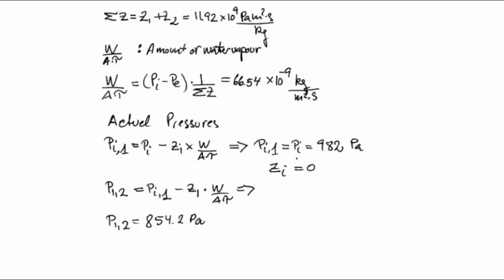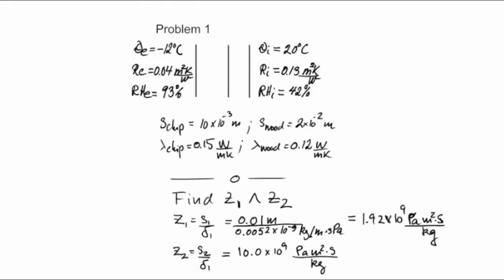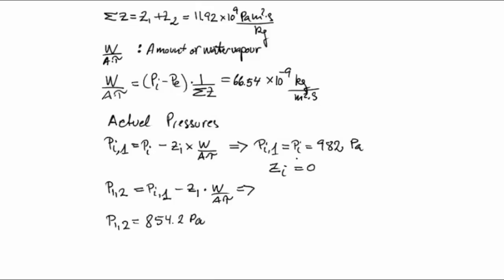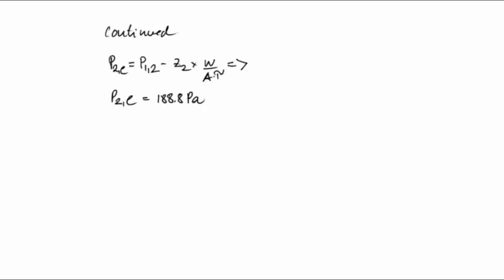And then I have to go to my first page and find Z1, which was 1.92 times 10 to the power of 9. So I go back, fill in, and what I get is 854.2 pascals.